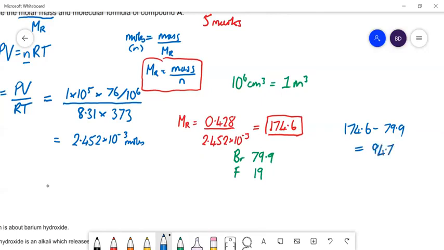Now let's see if, is that divisible by 19? So it's just made up of fluorine. So let's do 94.7 divided by 19. That gives us 4.98. Okay, so yeah, it's going to be 5. So I think we're pretty sure that that is BrF5.